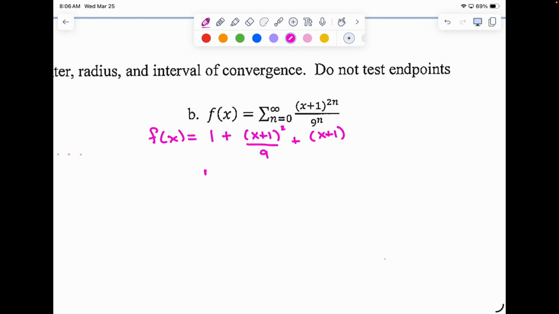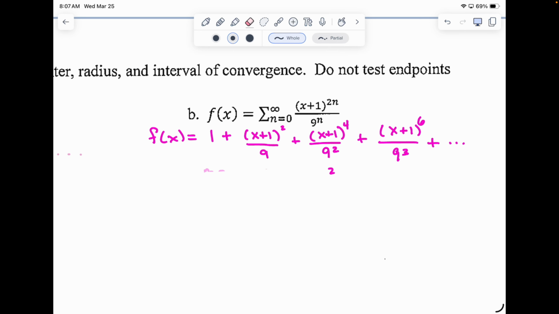This is n equals 0, 1, 2. I'm jumping ahead of myself. Third term, but not what n equals. So 2 times 2 is 4, and I'm over 9 squared. My next term, x plus 1, 3 times 2 is 6, and this is 9 to the third. And it's going to keep going, right? That's my infinite function.